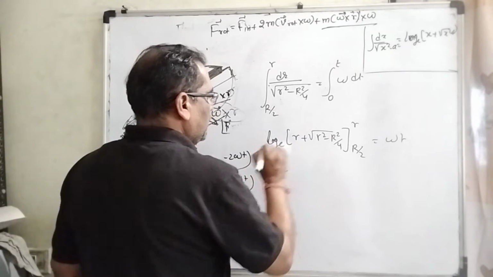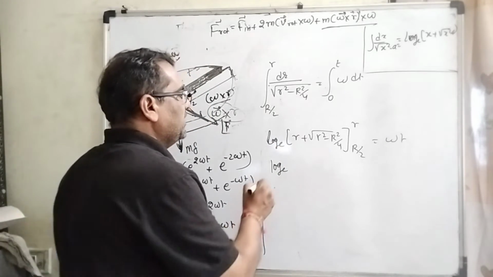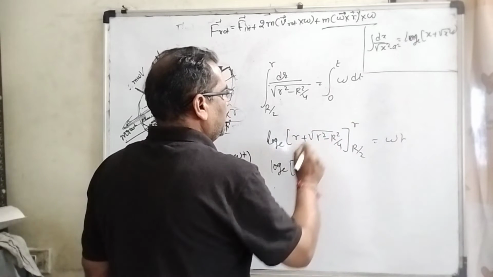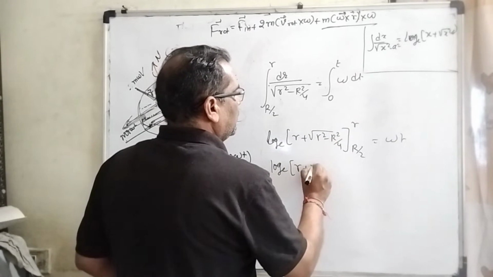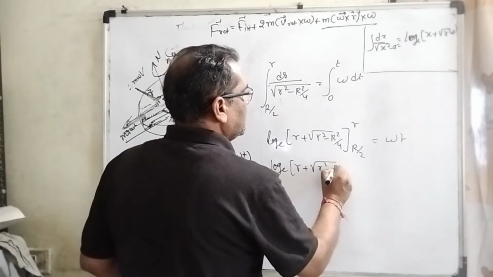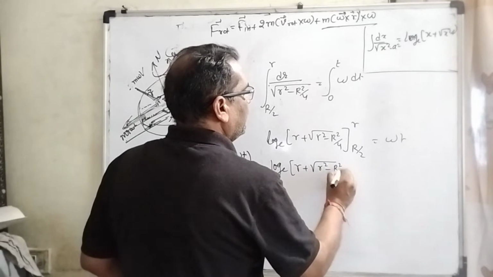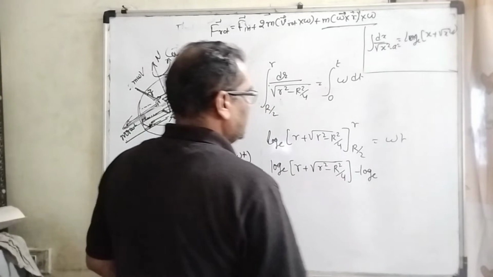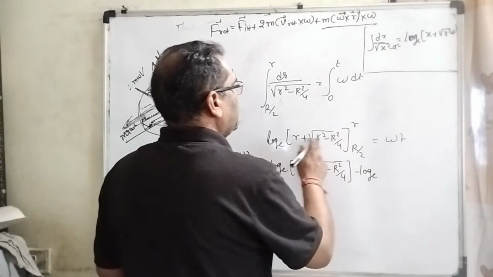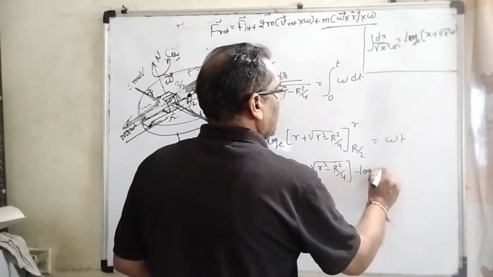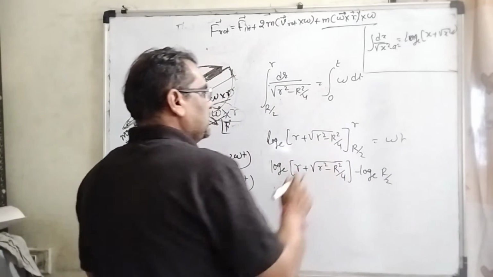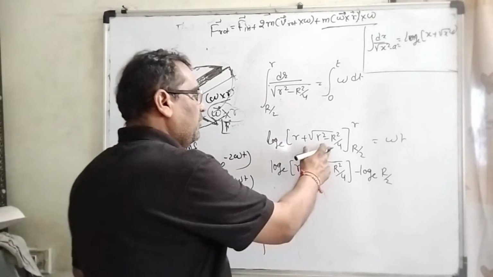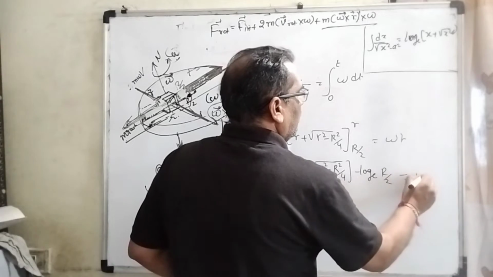Natural log means log to the base e. Upper limit: log e of r plus root r square minus capital R square by 4, minus log to the base e of R by 2 substituted. This value is R by 2, and inside, r square by 4 and r square by 4 cancel out, equals omega t.